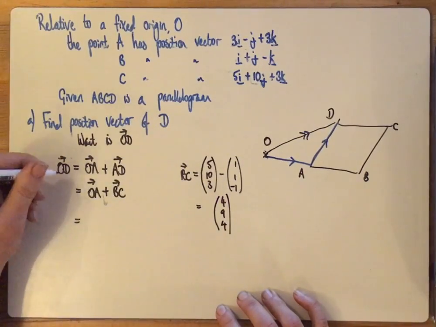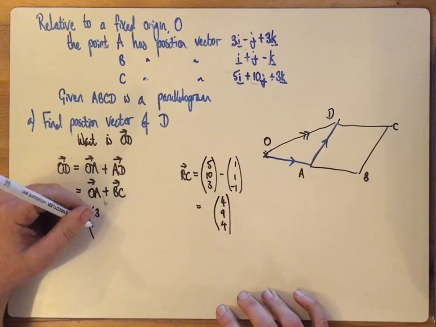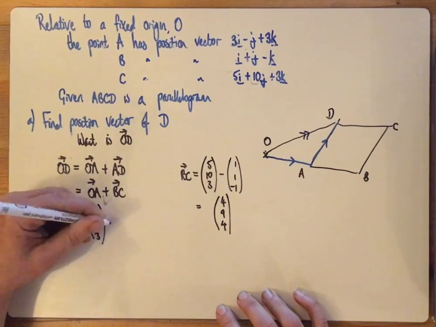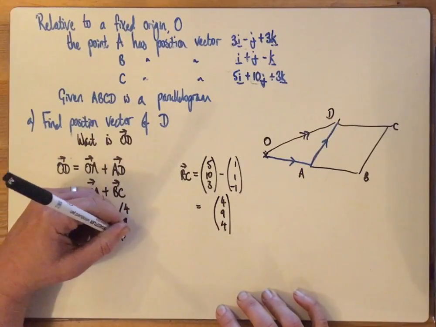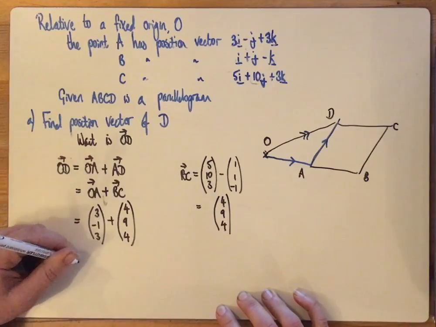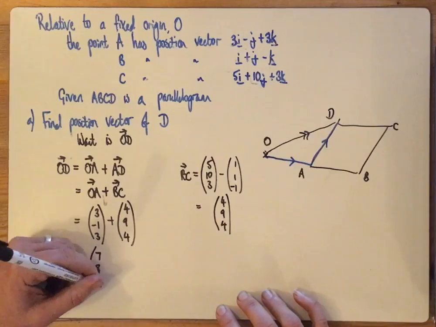So to get from the origin to D, I'm going along OA plus BC. And that leaves me with (7, 8, 7).